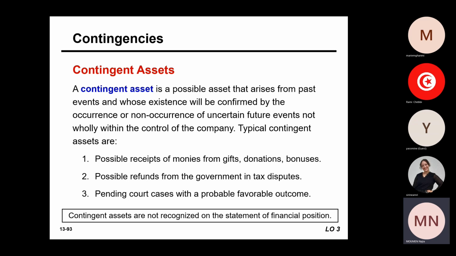You are prohibited, as an accountant, from including any contingent asset in your asset section. Why? Because of the uncertainties regarding the economic benefits that will flow to the business. So a possible asset is contingent and should not be recognized as an asset.